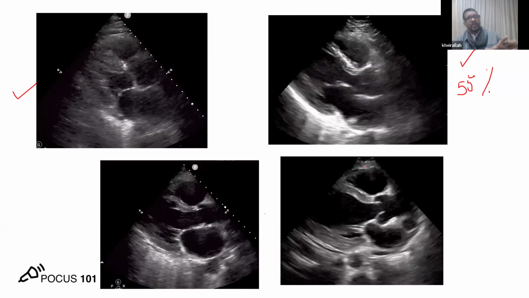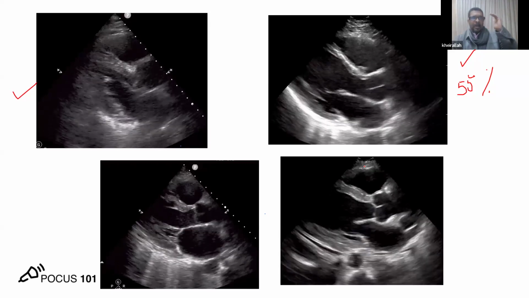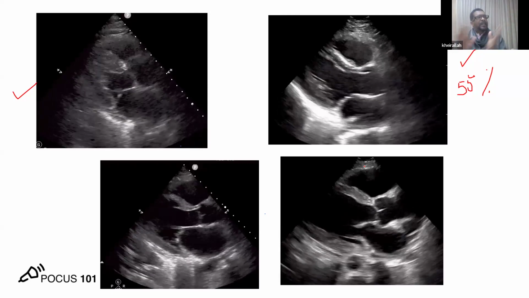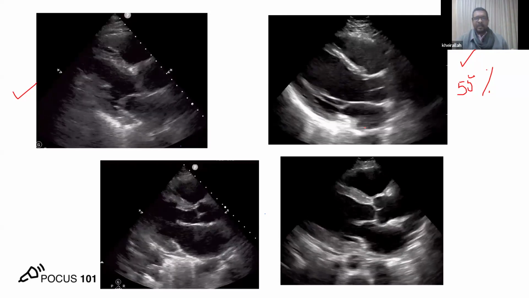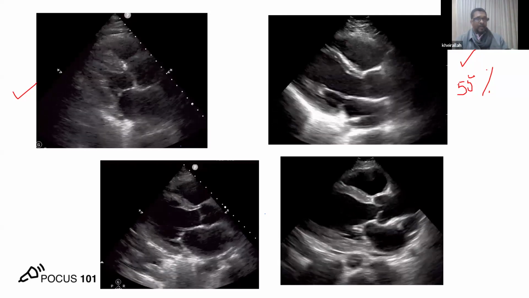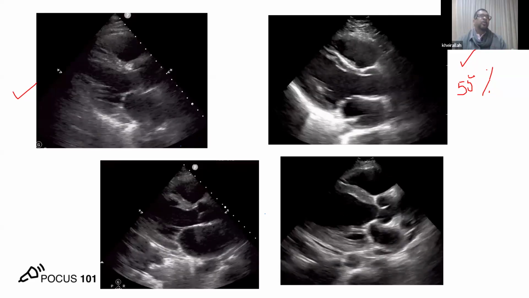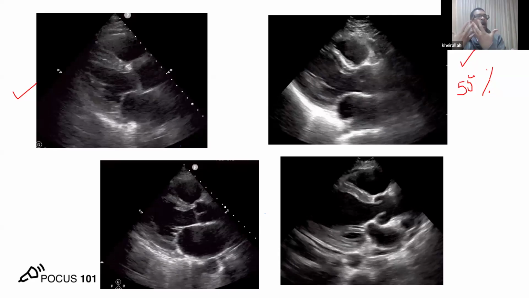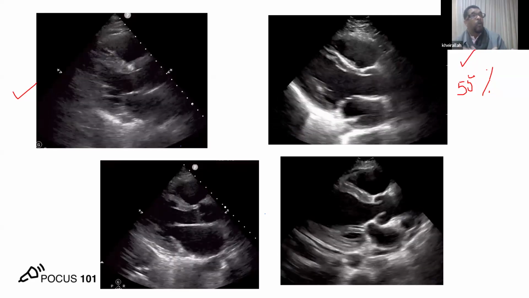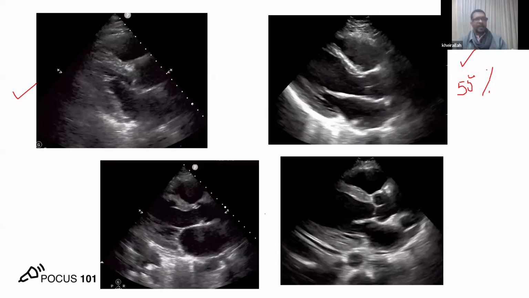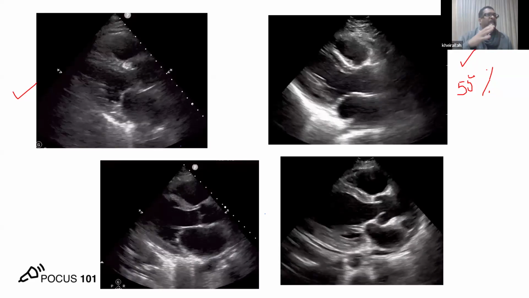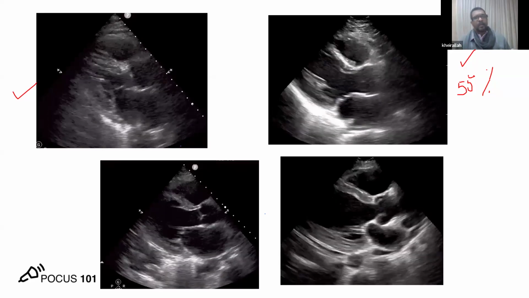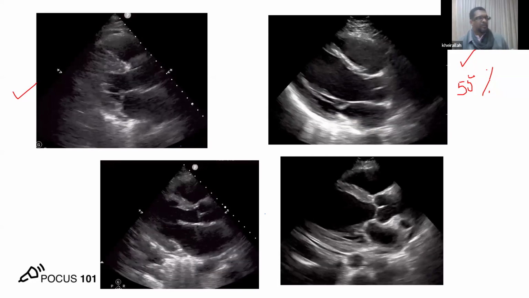I brought these images to give you an idea of how you could evaluate contractility visually. Of course, the visual assessment of contractility, the so-called eyeballing, I don't actually recommend, because there is a subjective factor.